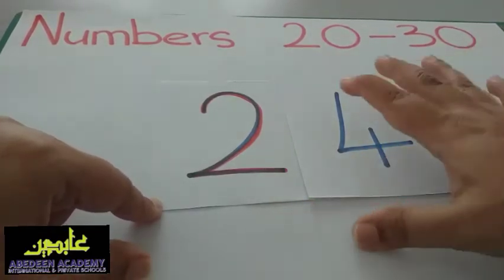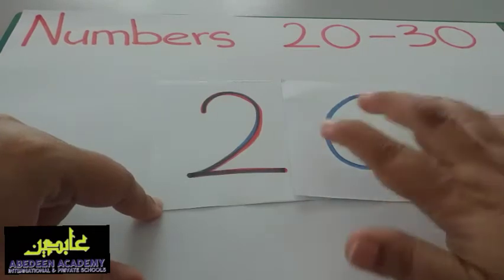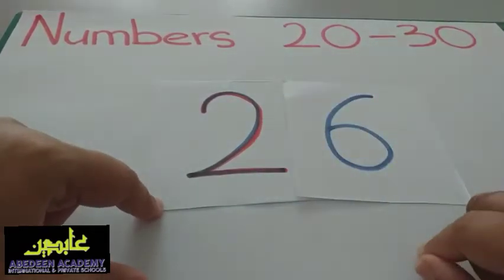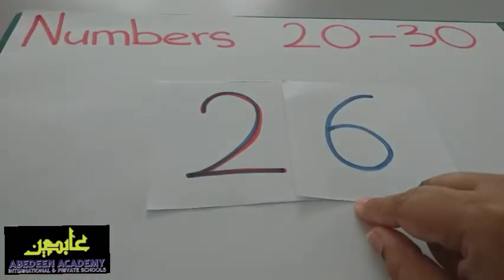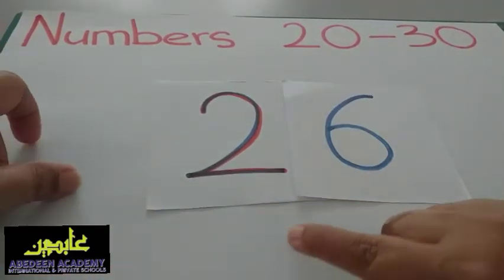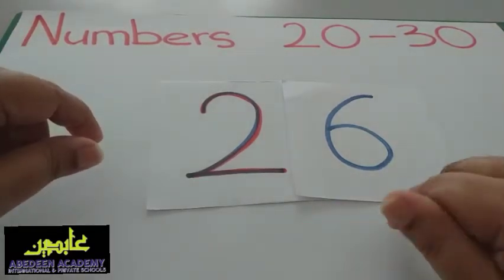Okay, now I take number 4 and put number 6. Now two numbers are here starting with 2, so it will be 20. Then what number will you say? 6. So it will be 26. What will be the number? 26.